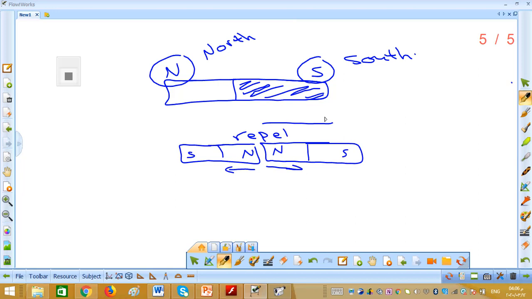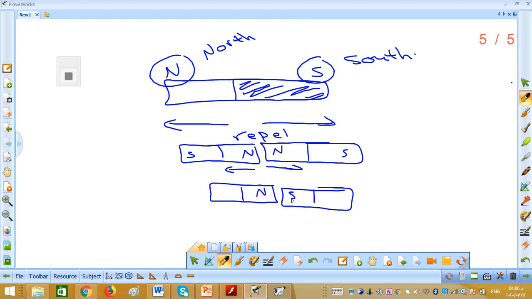Means they go in opposite directions. They push each other. But if we have opposite poles, N with S, they attract. So like poles repel and opposite poles attract. N with N, S with S repel, N with S or S with N attract.